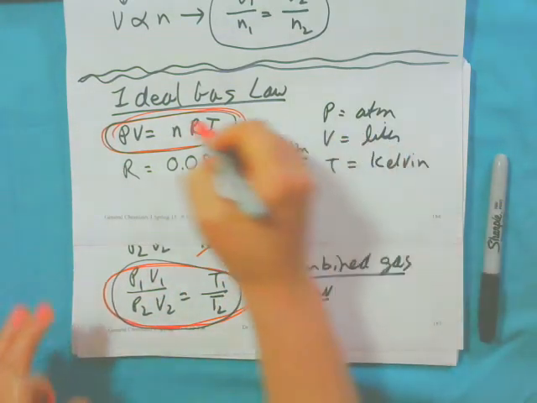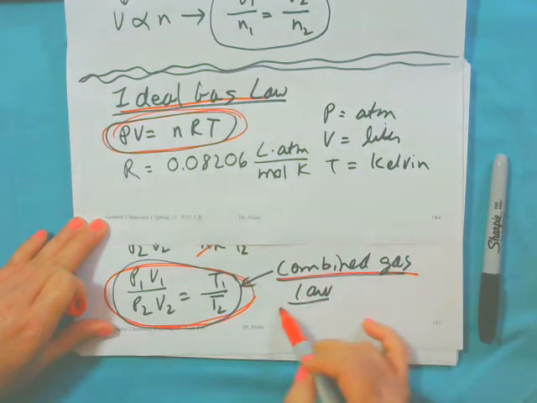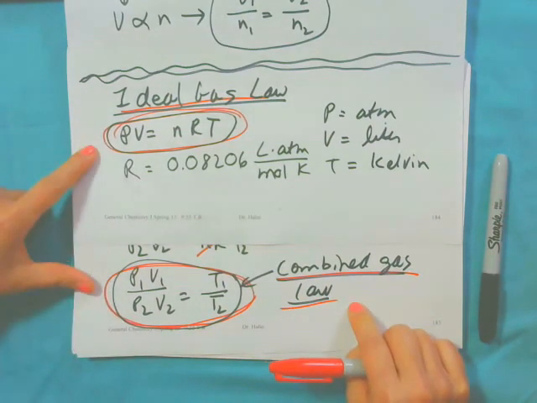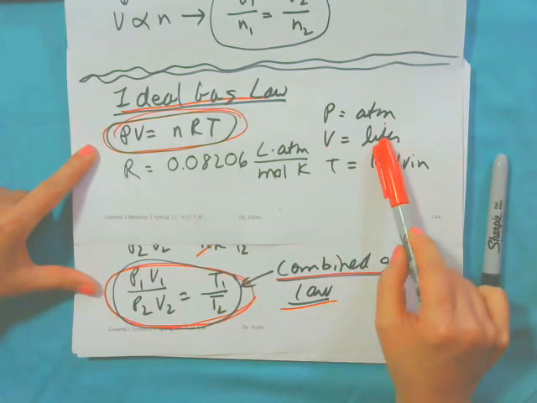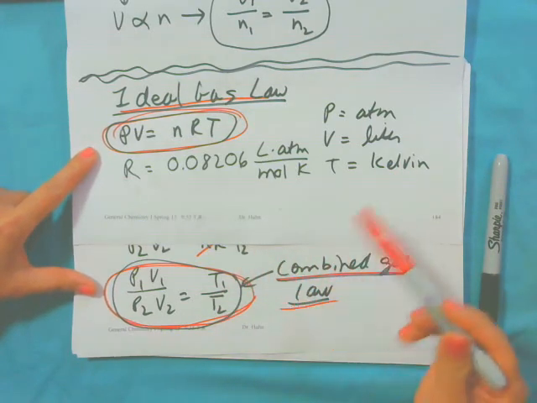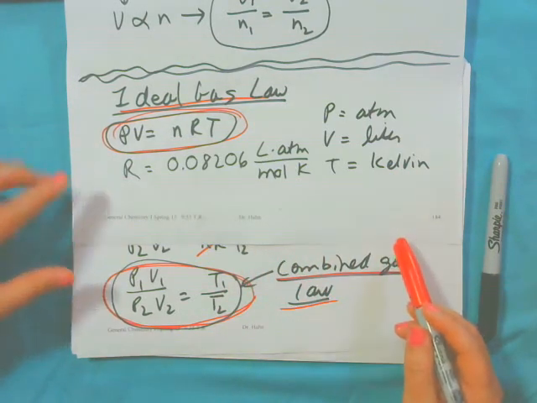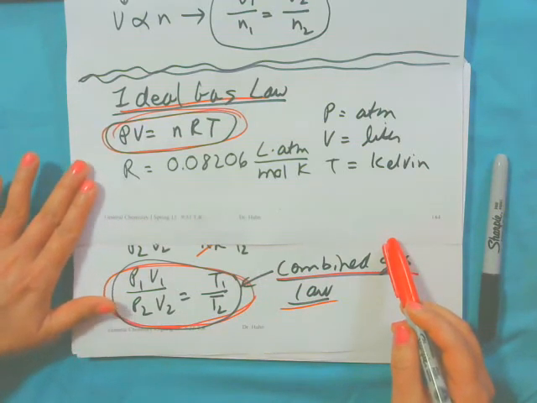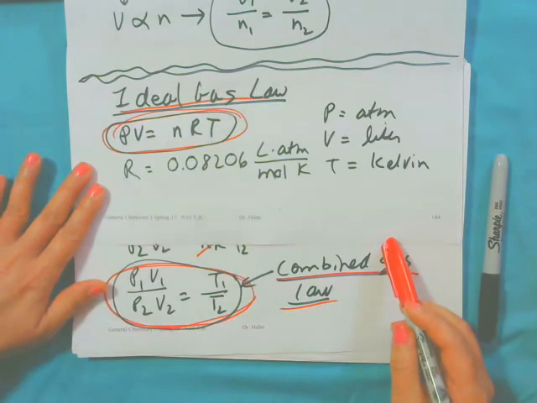So here is our ideal gas law, and here is our combined gas law. Now, for both the combined gas law and the ideal gas law, it's probably best to keep the pressure in atmospheres, volume in liters, and temperature in Kelvin, so that you don't have any funny things going on when you try to substitute something with the wrong units. If you're not very careful, you will end up with the wrong answer.